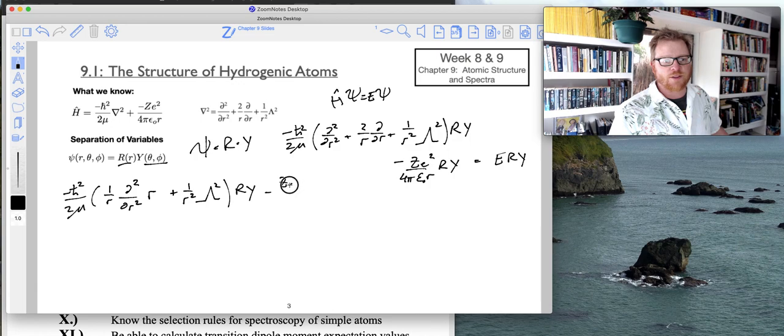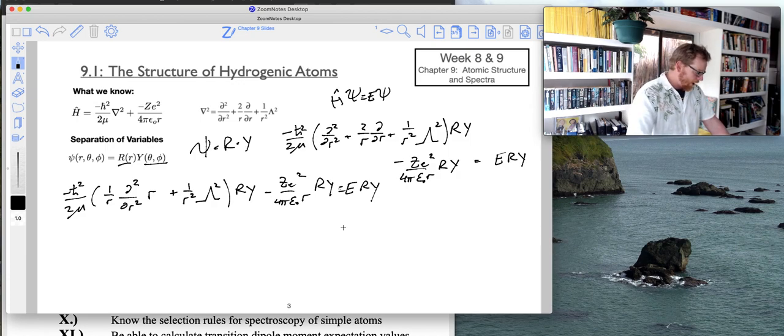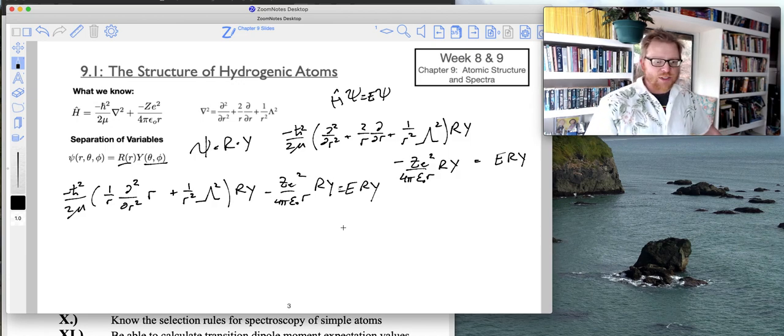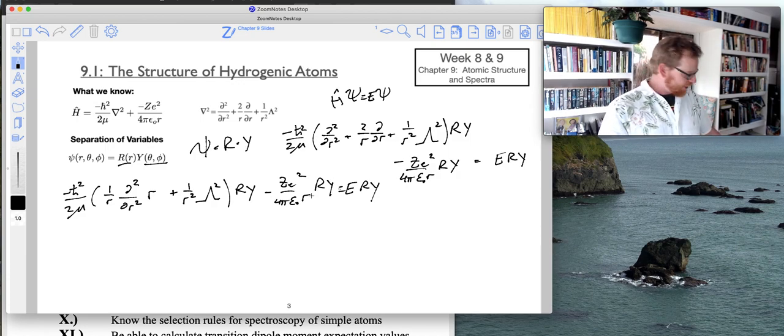R Y minus all this other stuff, Ze squared over 4 pi epsilon times r times R Y, all equals E times R Y. Now, as we start to inspect everything, I'm going to distribute this through, because we're going to be able to start collecting constants and getting rid of terms that we don't need.